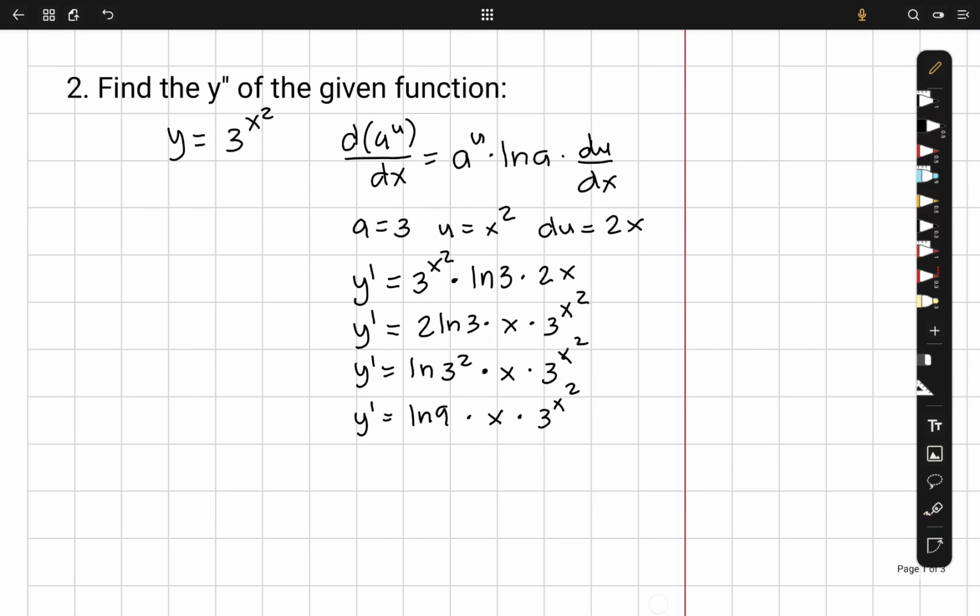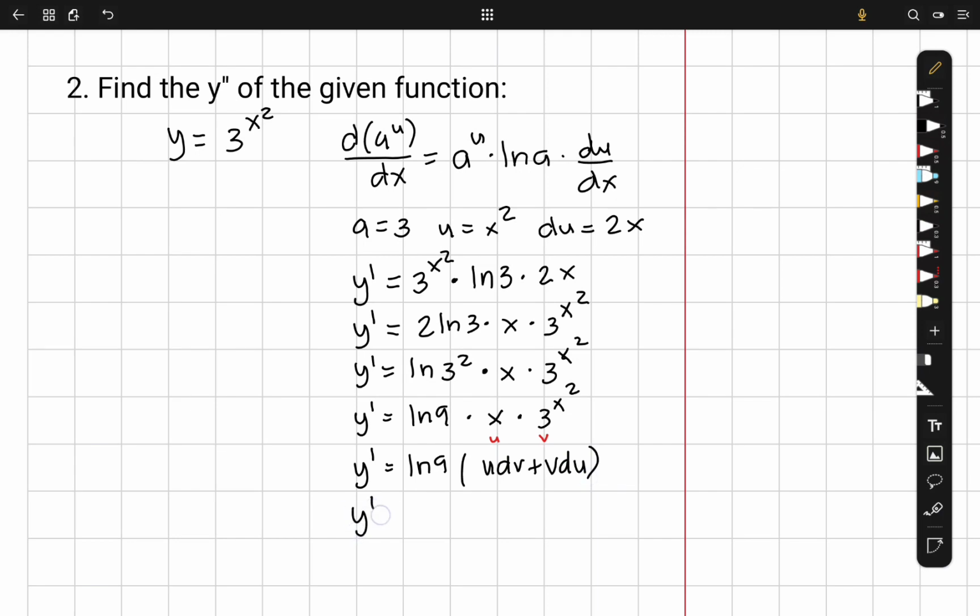That is, y prime is equal to ln 9. So, yung ln 9 natin, that is a constant and just a multiple. So, we have, ito, gawin natin u, ito yung ating v. So, plug in na lang natin yung formula muna. That is u dv plus v du.